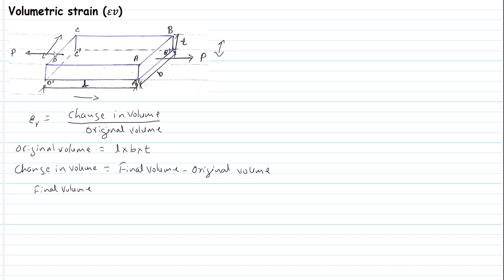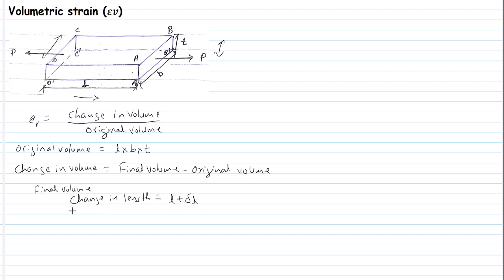So because of this load, the other dimensions are changed. What all dimensions are changed? First, change in length, which is expected: that is L, the original length, plus delta L, the extension of the length.